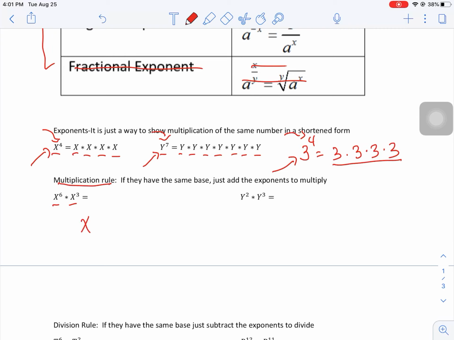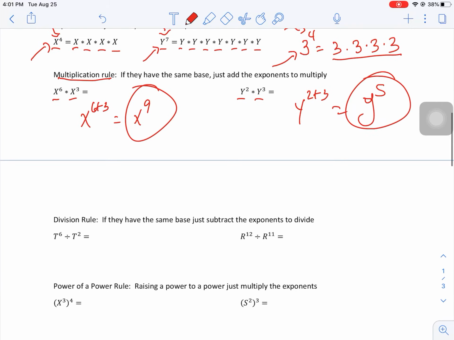It becomes x to the 6 plus 3, or x to the 9th. Y to the 2nd times y to the 3rd, they're common bases, so it's multiplication, 2 plus 3, y to the 5th.